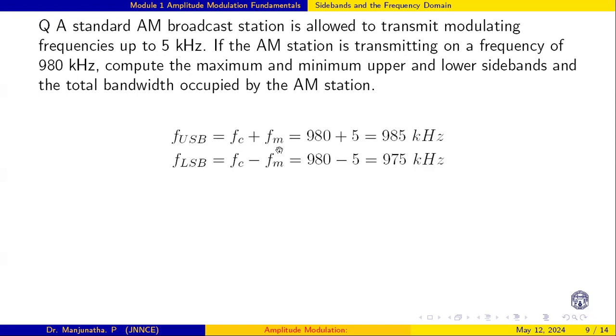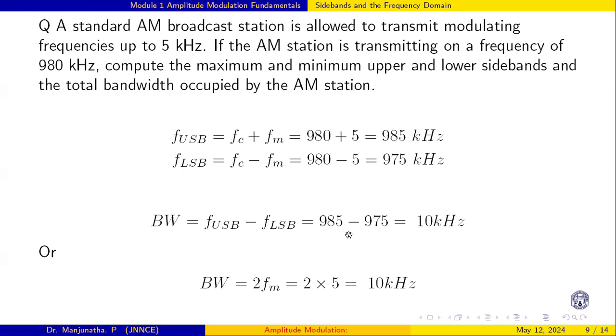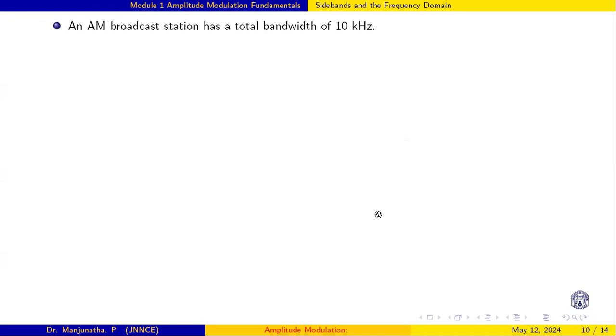Upper sideband is fc plus fm, 980 kilohertz is the carrier, 5 kilohertz is the message, so 985. Lower sideband is fc minus fm, 980 minus 5, 975. Bandwidth is upper sideband minus lower sideband, 10 kilohertz, or twice of 5, that is 10 kilohertz.